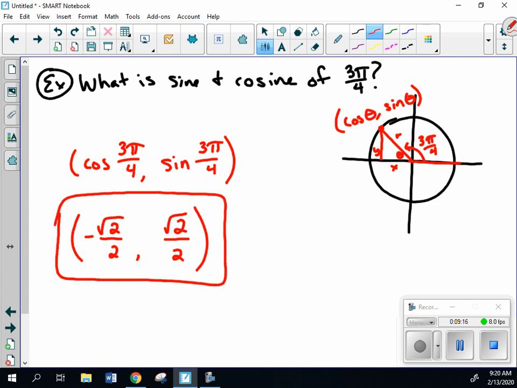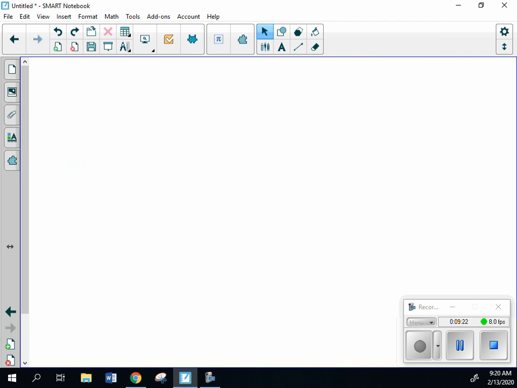So let's talk about what decimals you need to memorize and know what they connect with. Whenever you're looking at the unit circle, you're going to get 5 different numbers. You're going to get 0, you're going to get 1, and that's all positive and negatives of it.